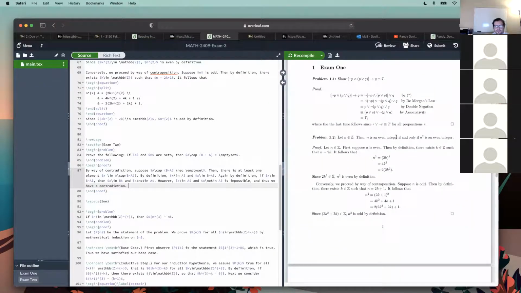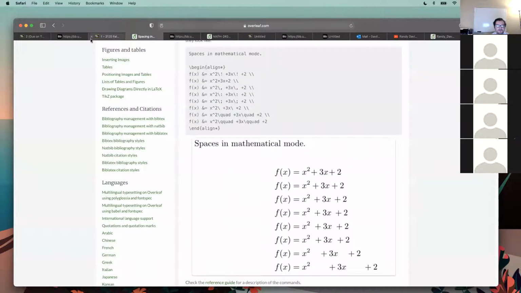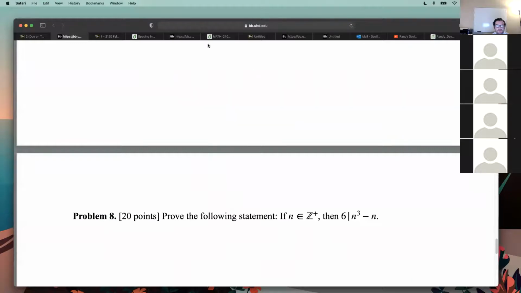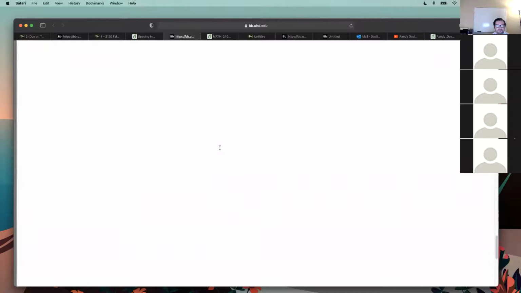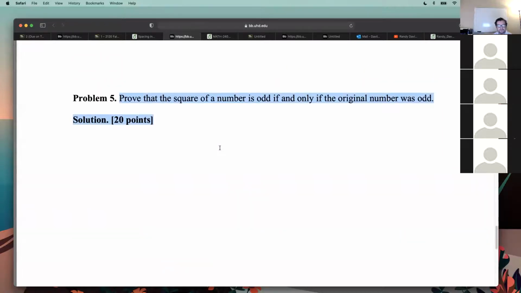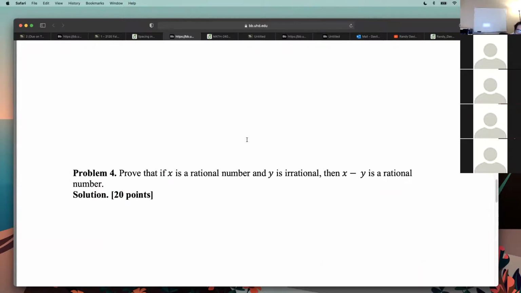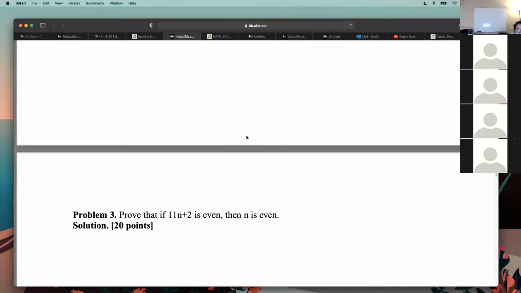If n is an even integer, if and only if n squared is even. This same proof, just replace 2k by 2k plus 1, and you get precisely the solution to this. But which one of these problems are you thinking in particular that you really wanted to see the solution to, so I can just address it right now?